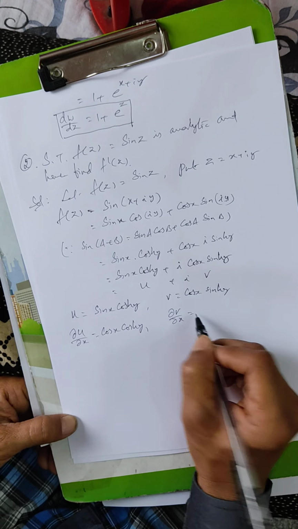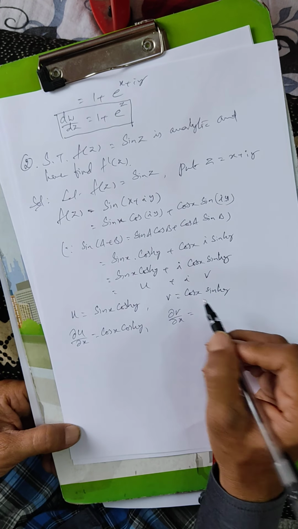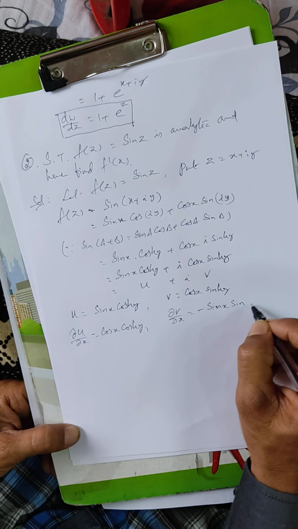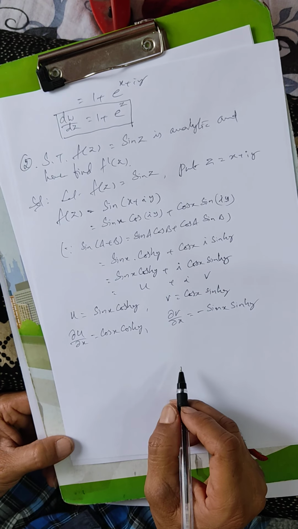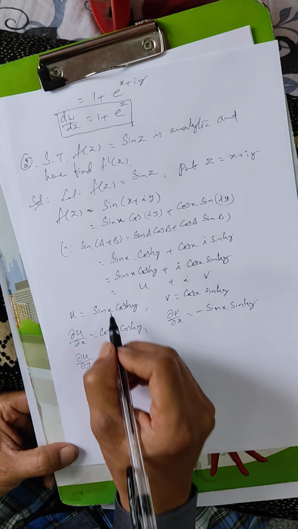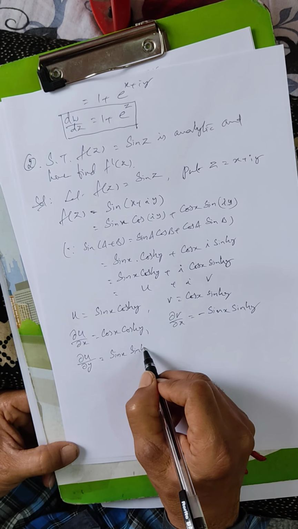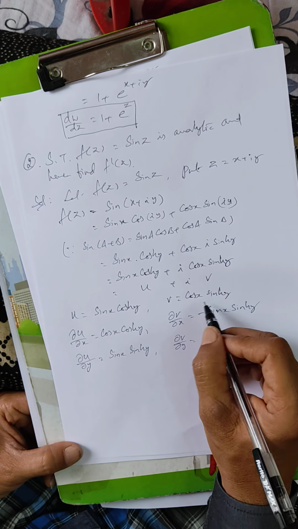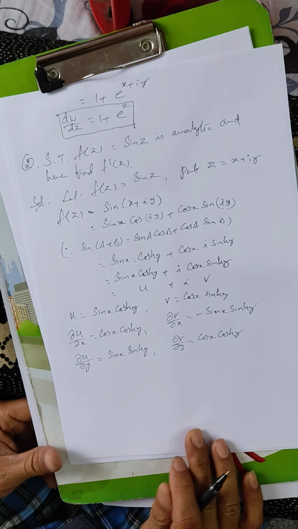Similarly, dou v by dou x: sinh y is constant, the derivative of cos x is minus sin x, so minus sin x into sinh y. Next, differentiate with respect to y partially. Dou u by dou y is equal to sin x, constant, times the derivative of cos hy, which is sinh y. Dou v by dou y is equal to cos x, constant, times the derivative of sinh y, which is cos hy.